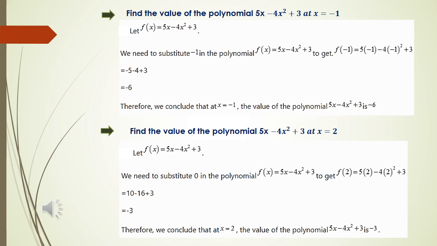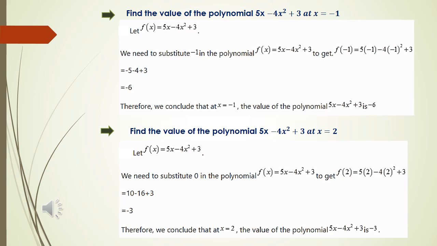Next example, find the value of the polynomial 5x minus 4x square plus 3 at x equal to 2. Again, here we will substitute the value of x in the given polynomial.